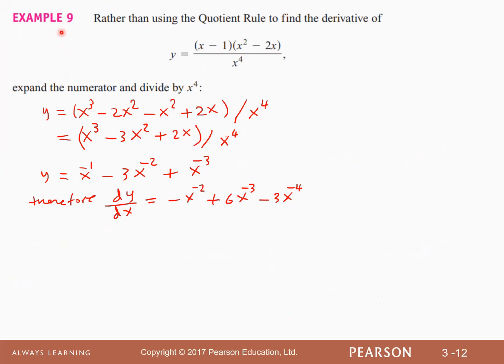Example 9. Rather than using the quotient rule to find the derivative of y equal to x minus 1 multiplied by x squared minus 2x divided by x to the power 4, expand the numerator and divide by x to the power 4. Let's take a look at the function y equal to, and then we're going to have to multiply x by x squared.